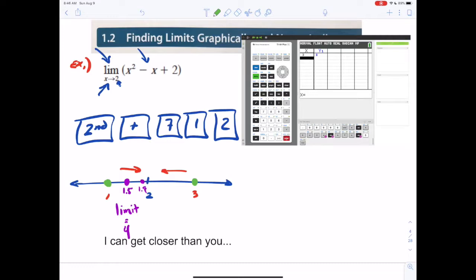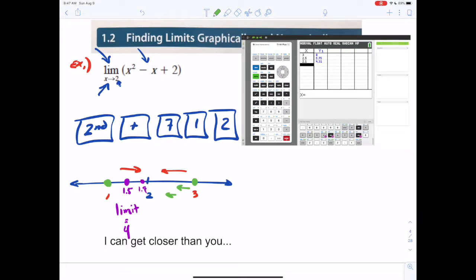Now, if you're getting closer to 2, what's a good number that's closer to 2 than 3? 2.5 would be a good one. Some people might say, I can go all the way to 2.1. Now, pause here if you need to. Can you get arbitrarily closer? What would be a number that's really closer to 2 than 2.1?